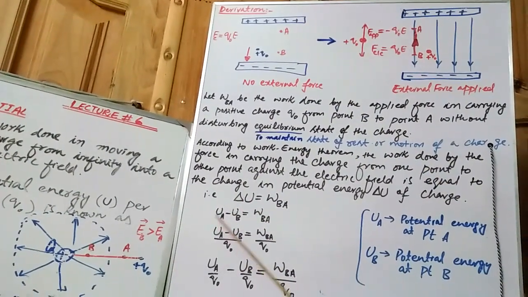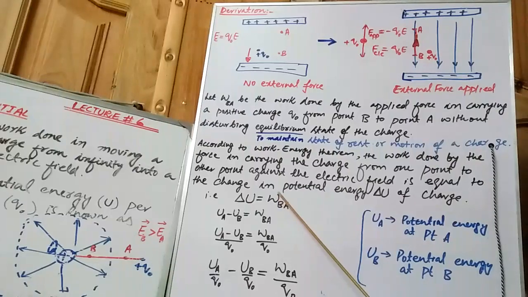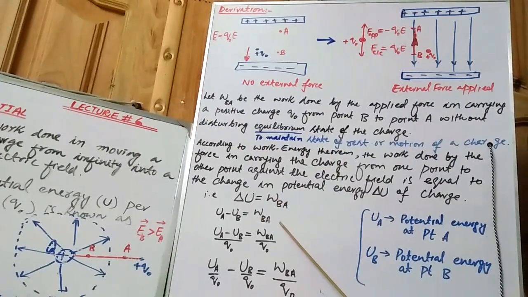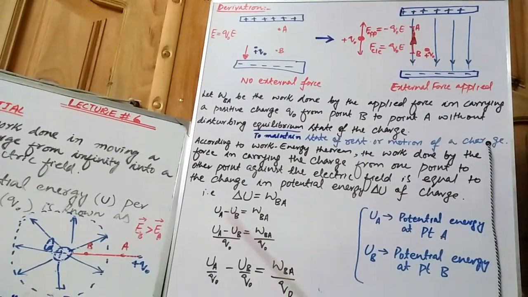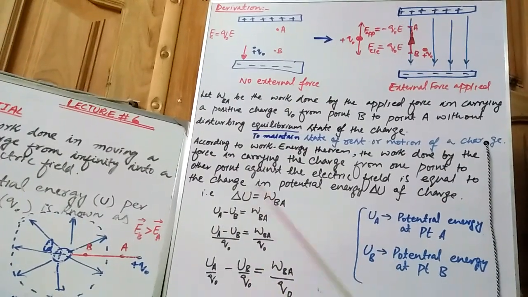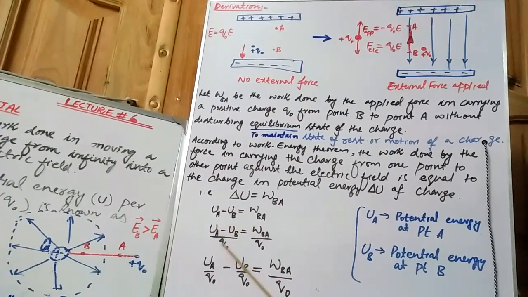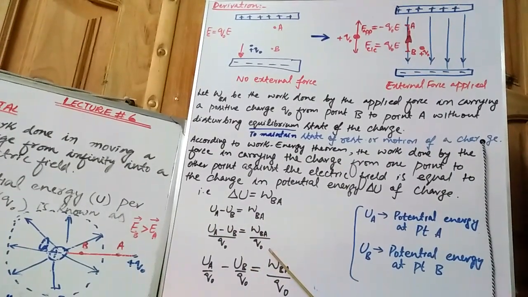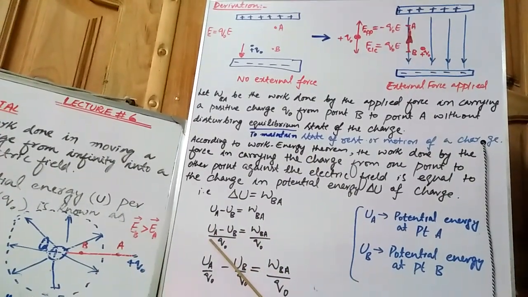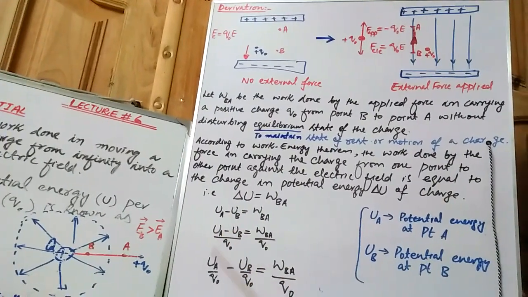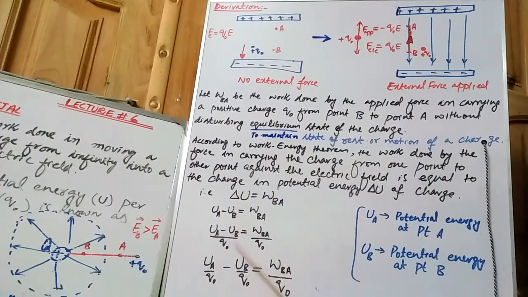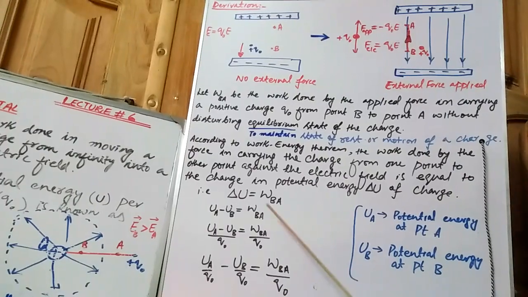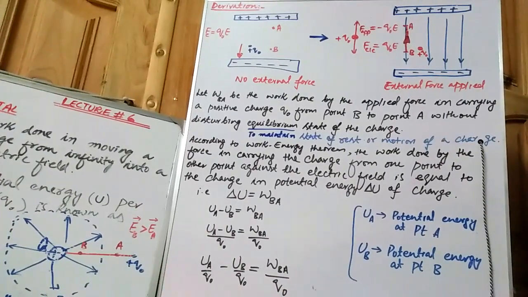So UA minus UB equals W BA. Here, by dividing by Q naught on both sides of the equation and separating these terms, UA over Q naught minus UB over Q naught equals W BA over Q naught.